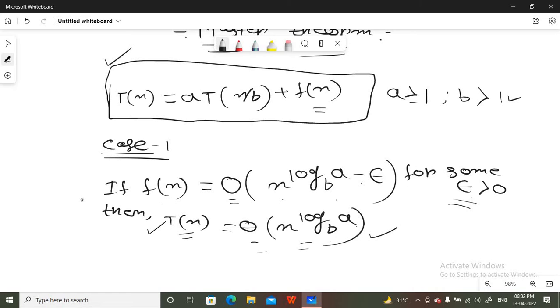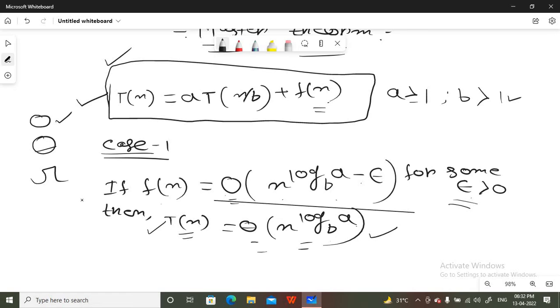So before that, you have to identify first that the equation is in this shape. The second, you have to identify whether this function falls into this condition. Now we know what order is. We know what big O is, what theta is, what omega is.